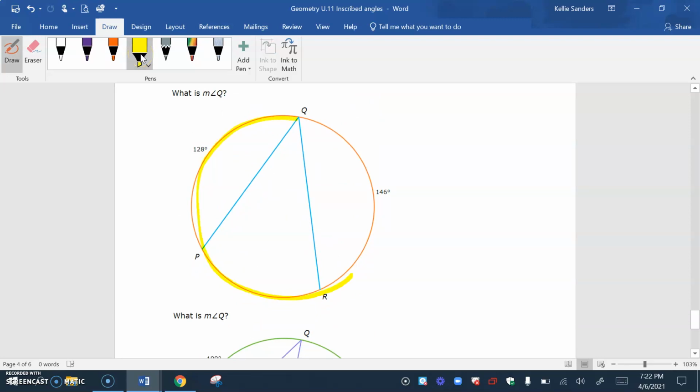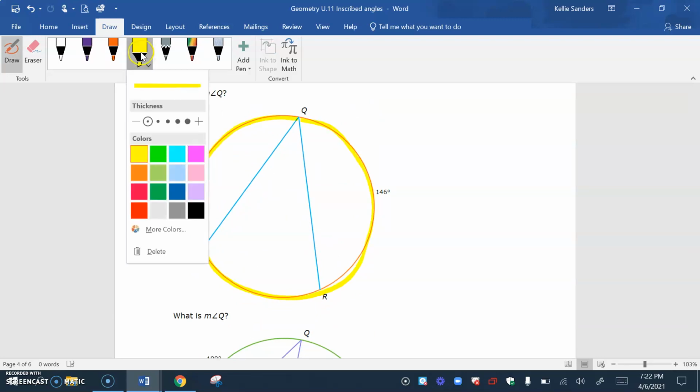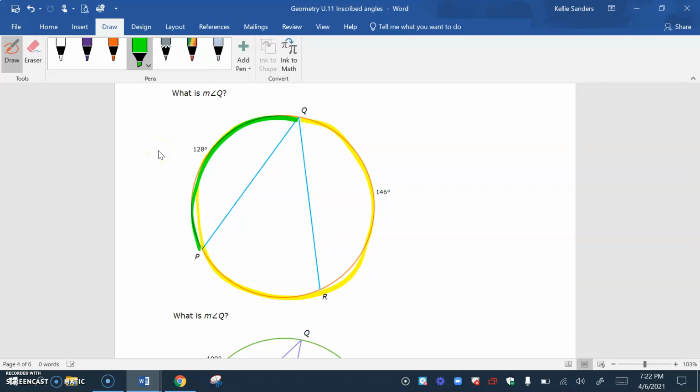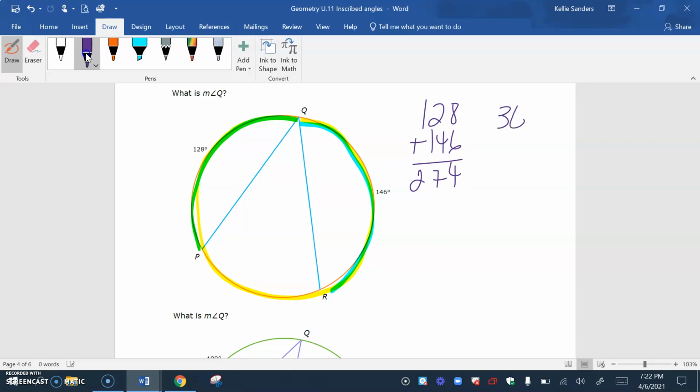Q. We have the circle. We have this arc is 128. We have this arc is 146. And all of them added up together gets to 360. So 128 plus 146 is 274.